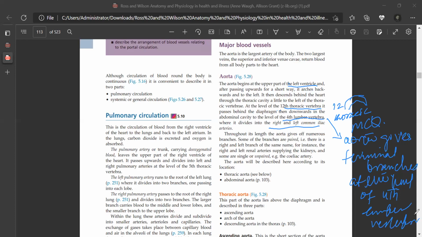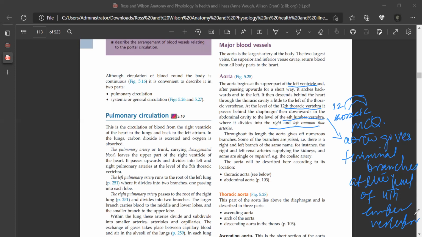The terminal branches are the right and left common iliac arteries. Among the other branches, we can ask which of the following is a terminal branch of the aorta. The right and left common iliac arteries are the terminal branches of the aorta.